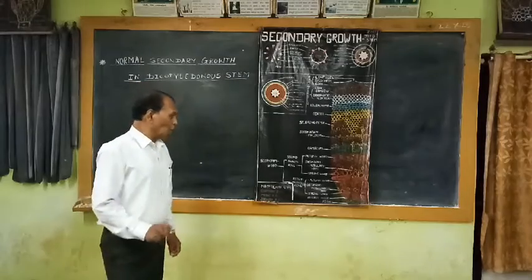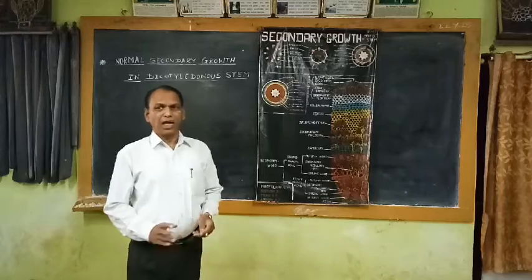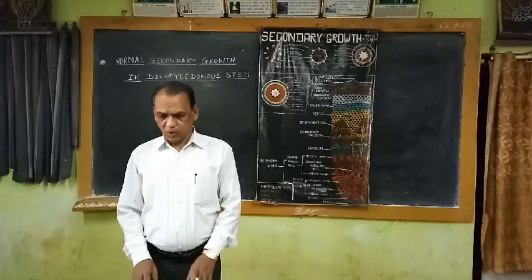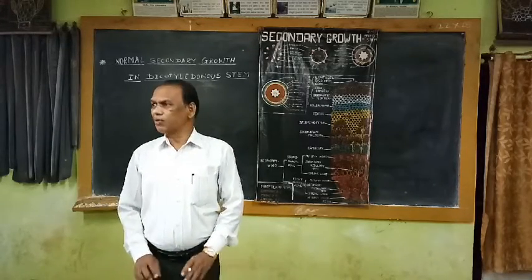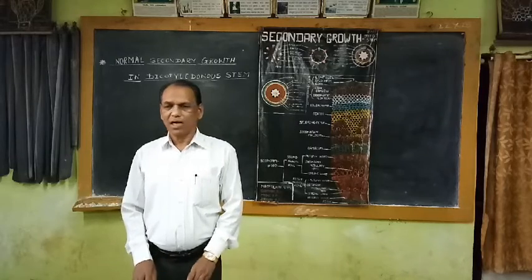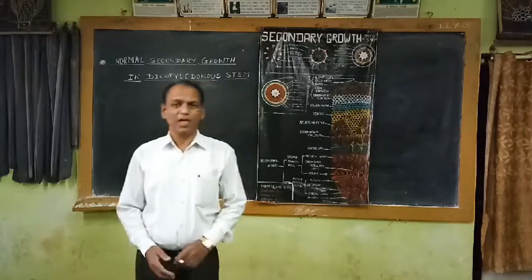That means due to secondary growth, increase in diameter of root and stem of dicotyledonous plants as well as gymnospermic plants takes place.